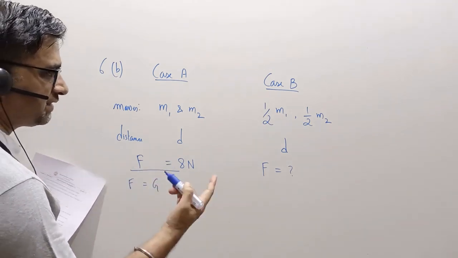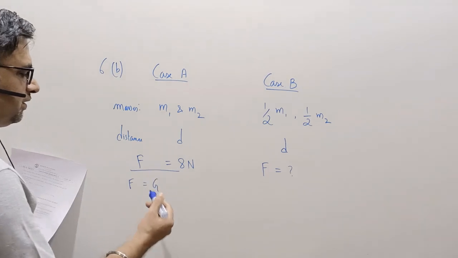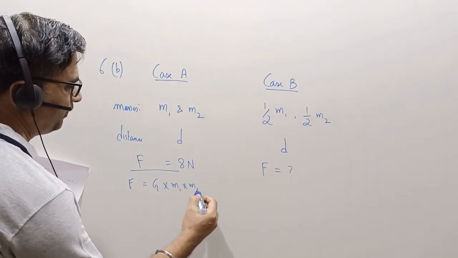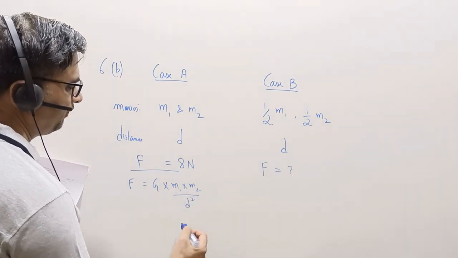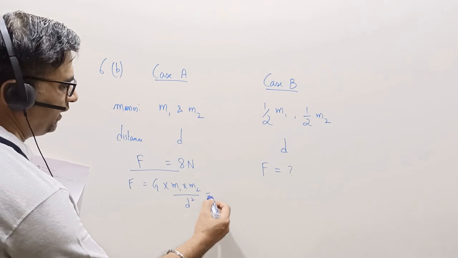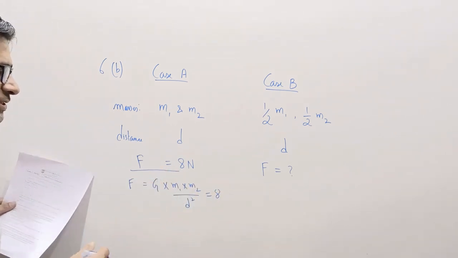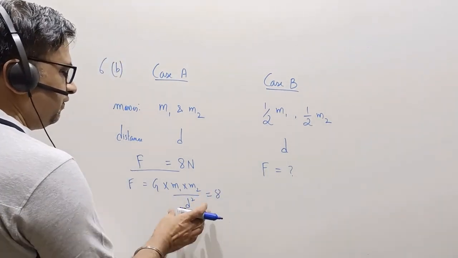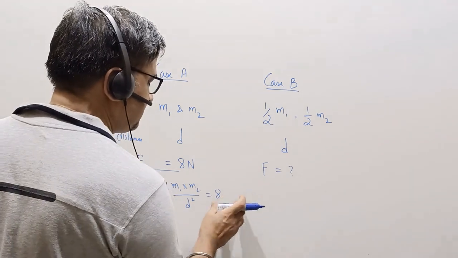The force of attraction between any two bodies is given by this formula, G m1 m2 by d squared. So this is equal to 8, which is already given. Now, can we determine this in terms of this value?